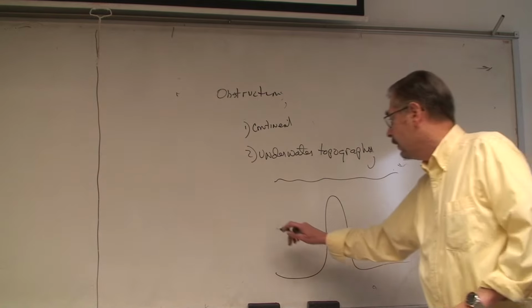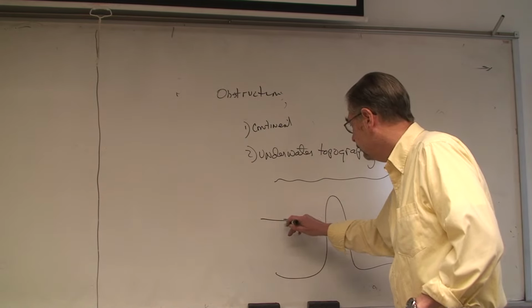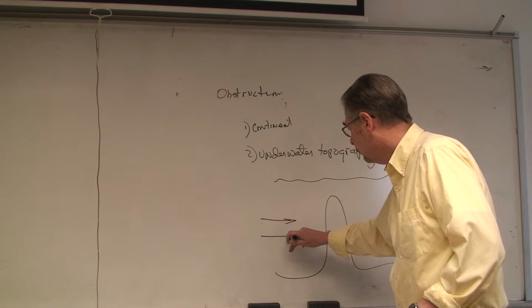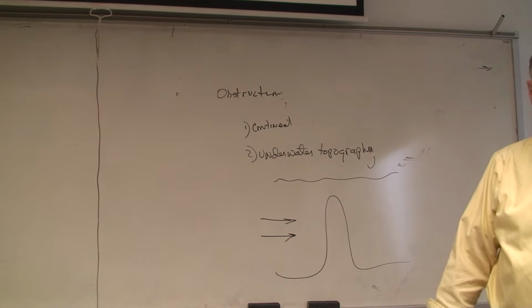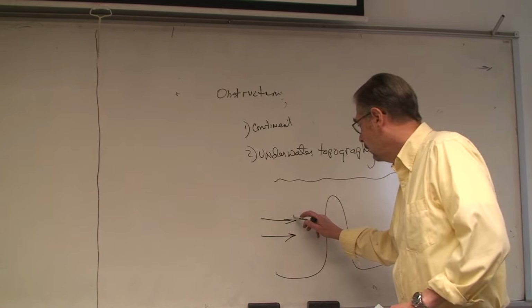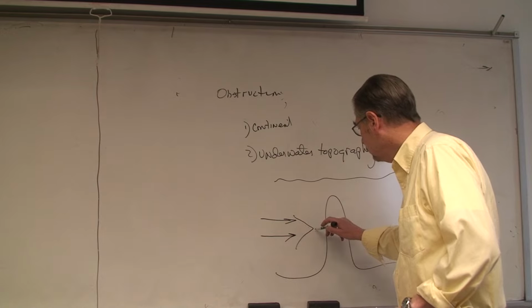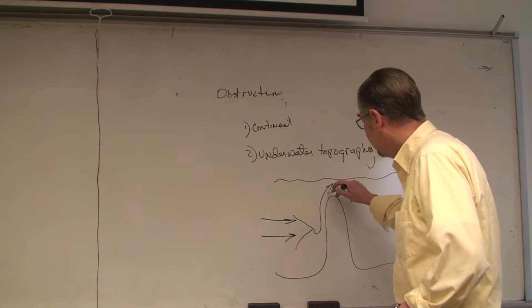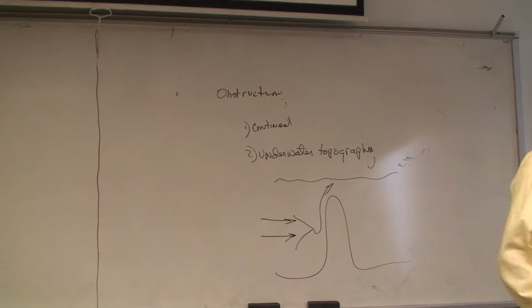And let's suppose you have a current moving in this direction. What's going to happen, of course, is this current is going to hit the mountain and then get pushed up like that. So undersea mountains can affect the direction of currents.